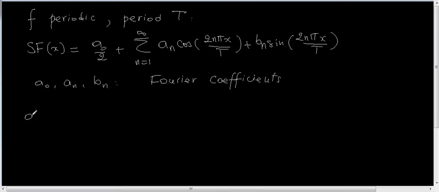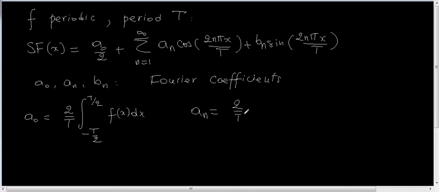Now, how to obtain them? a naught will be 2 over the period T, integral, here actually what is important is that we have to integrate on an interval of length T, which is the period. But for simplification, we use minus T over 2 to T over 2 of f of x dx. a n is 2 over T, the integral between minus T over 2 and T over 2 of f of x times cosine 2n pi x over T dx.